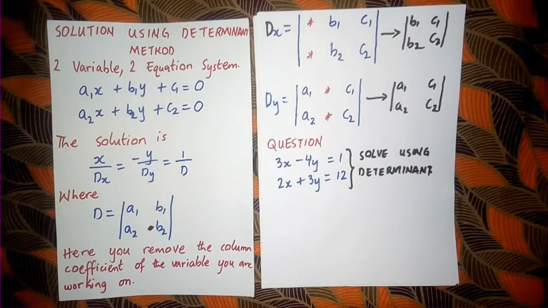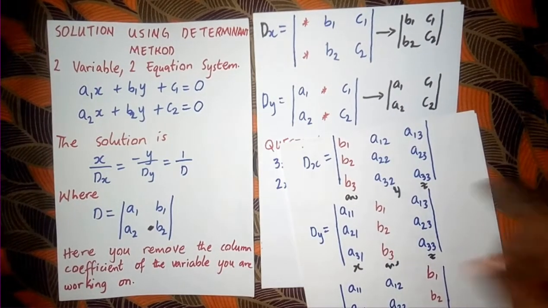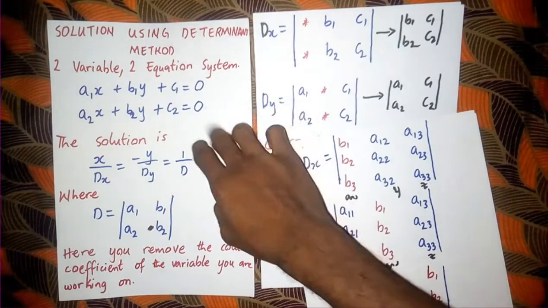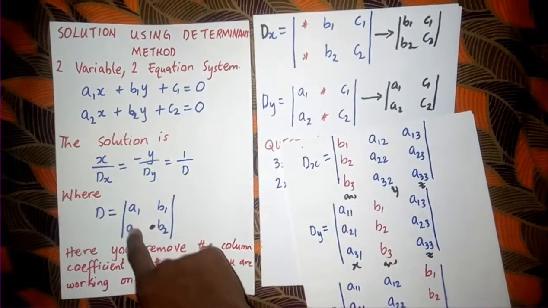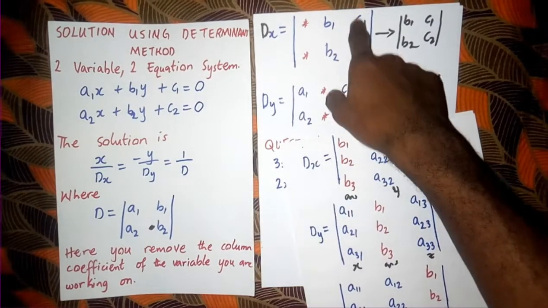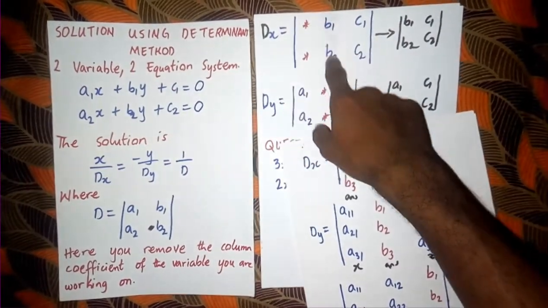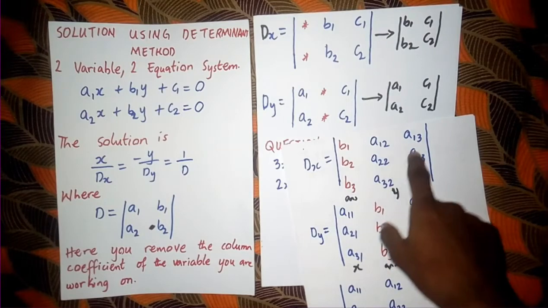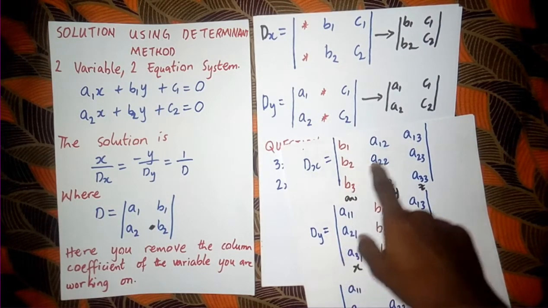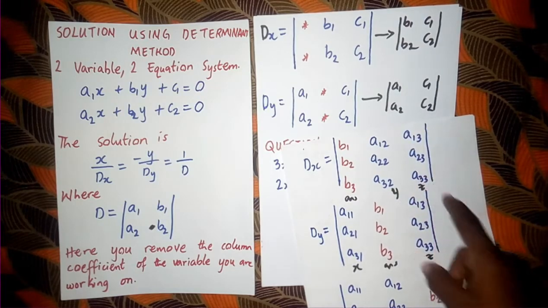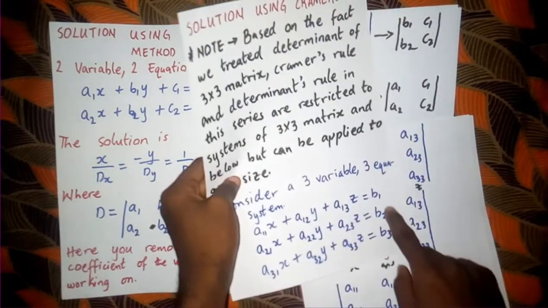And then the second difference is this. Now in determinant method, instead of writing a1 a2 and then putting c1 c2 in front and then b1 b2 as here, we put b1 b2 b3 in front and then the other part at the back, this is our b1 b2 b3.